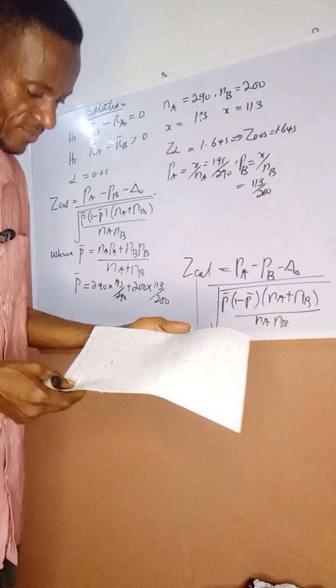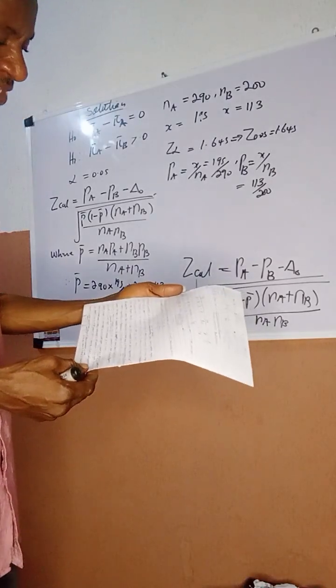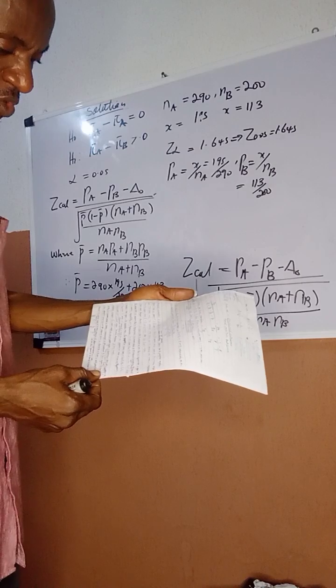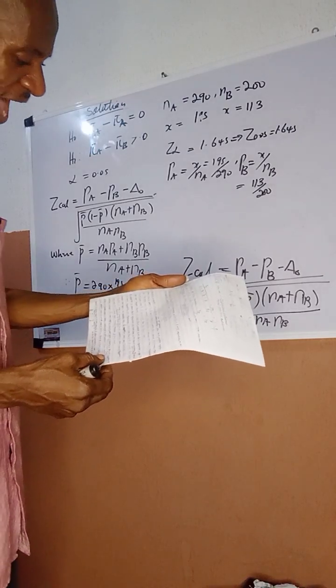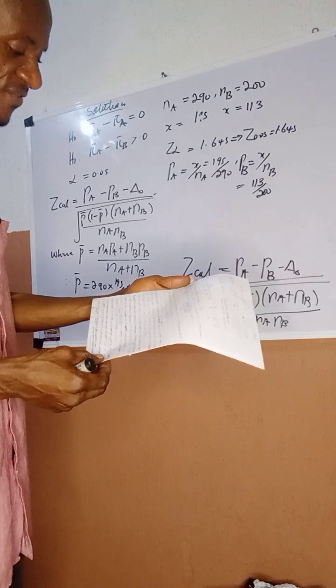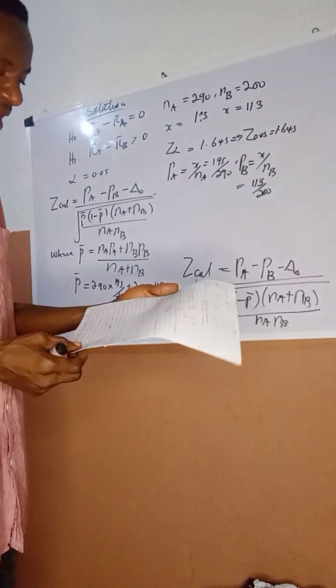Full stop. In a random sample of 300 men and 200 women, 192 men and 112 women, respectively, are hypertensive.